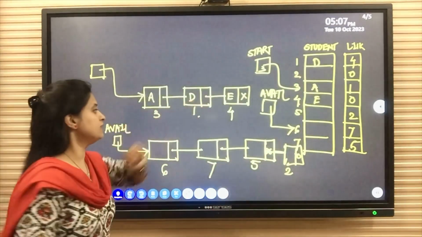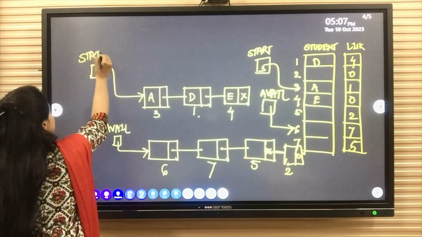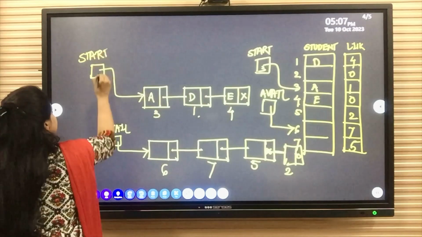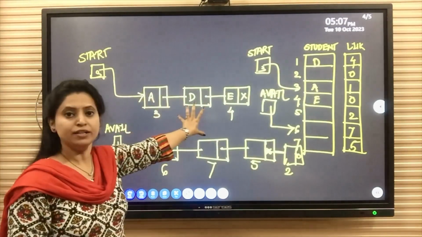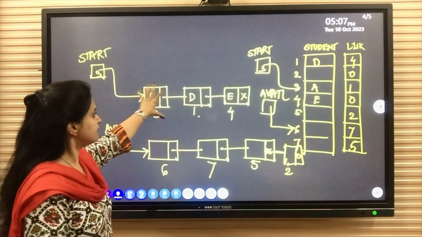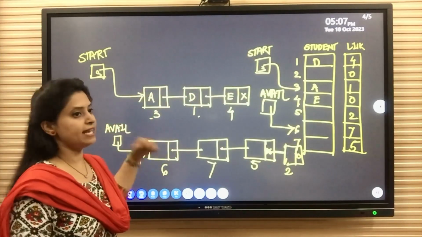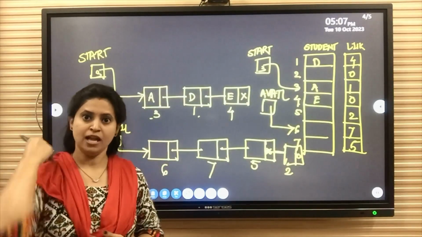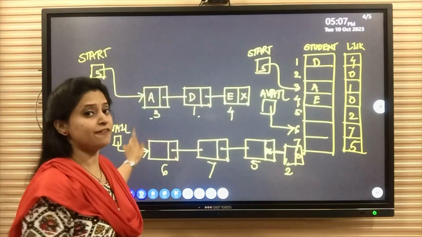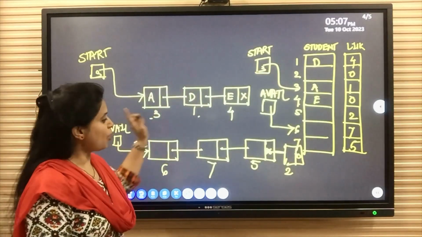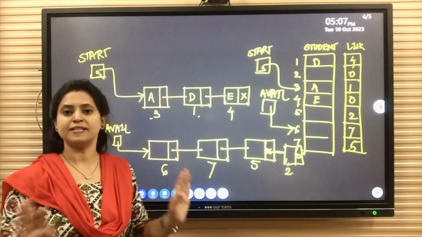Here this is the linked list with start is equal to 3. Now whenever I am going to add a new element in the linked list, first of all we have to check whether there is available space or not. So if aval is pointing to 0, this aval is a pointer, it's pointing to 0, it means that there is no available space.